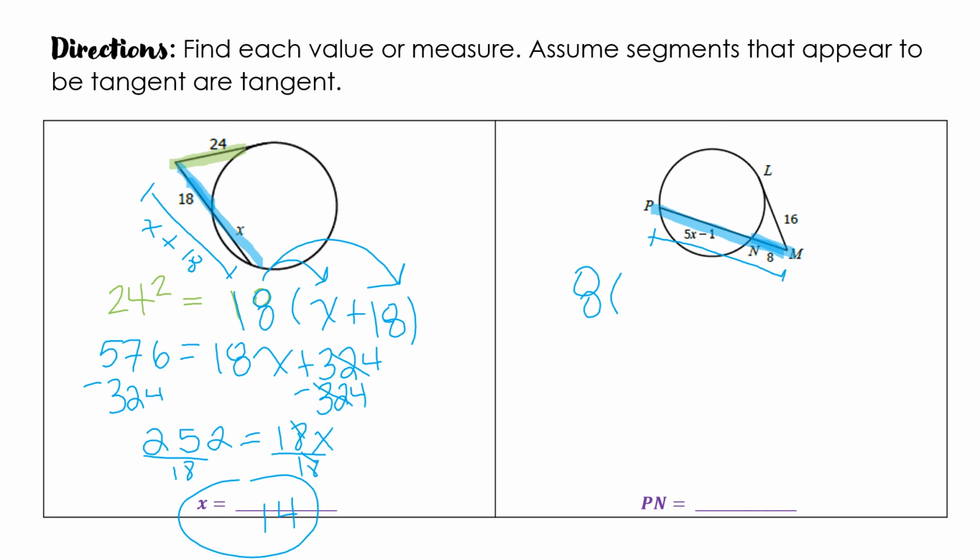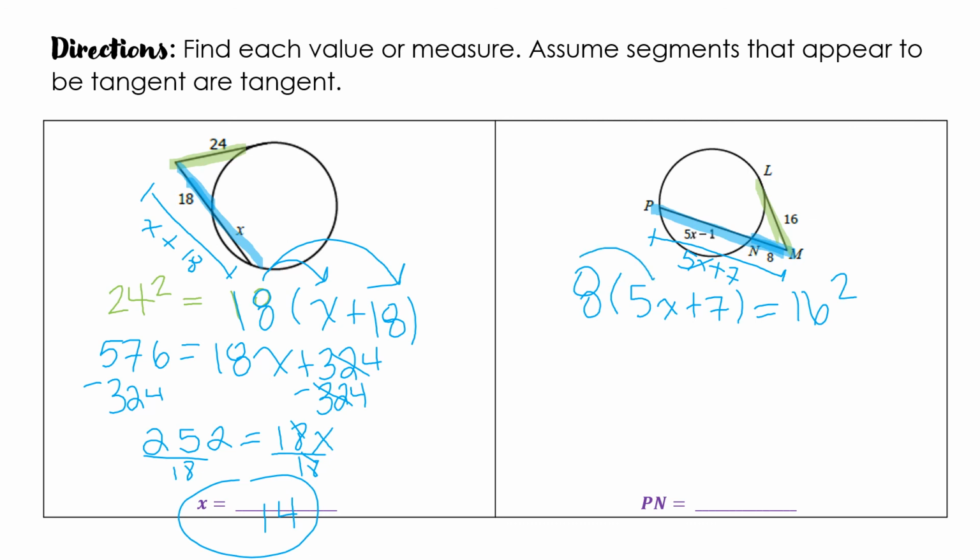If I add those together, that gives me 5x plus 7. So I'm going to take my outside length 8 and multiply it to my whole length 5x plus 7. That should equal the tangent squared. And that's because on that one, the whole is the same thing as the outside. So it's like doing 16 times 16 or just 16 squared.